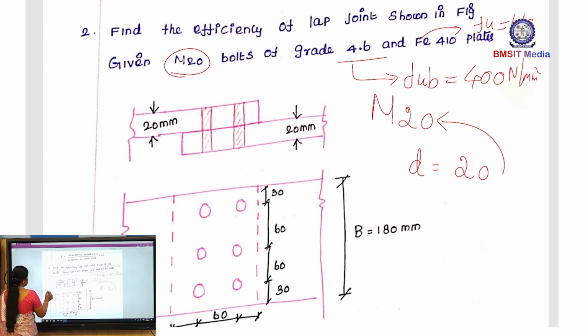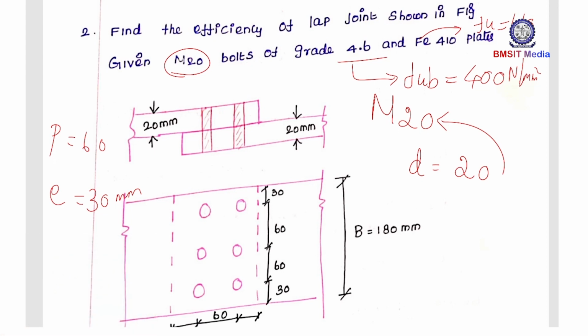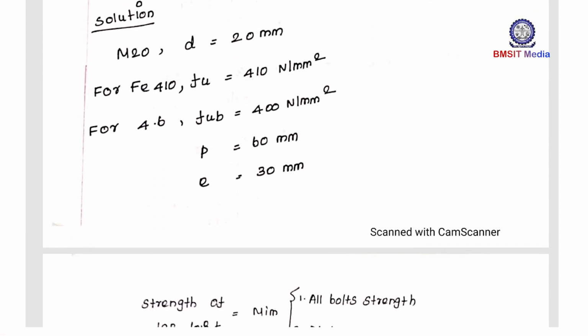So, what is the pitch distance here? Pitch equal to 60 mm. Here pitch and edge distance are also given, no need to calculate minimum pitch or minimum edge distance. E equal to 30 mm, pitch equal to 60 mm. So, these are all the given data.